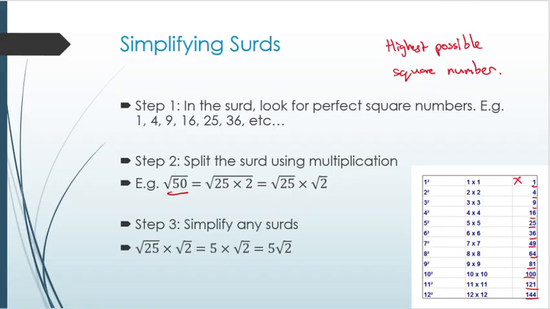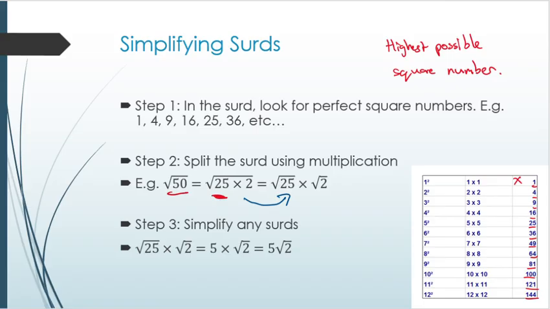So for the number 50, I have worked out that 25 times 2 actually does make 50. And the thing is, 25 is one of the numbers that we have here in our perfect square number list on the bottom right. So what we're going to do next is we are going to separate the surd and go from here to here.